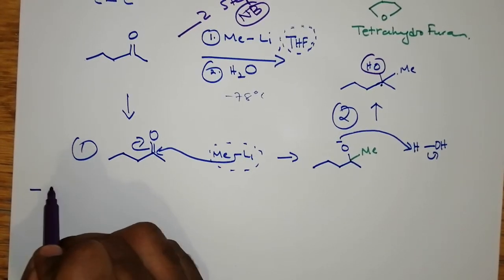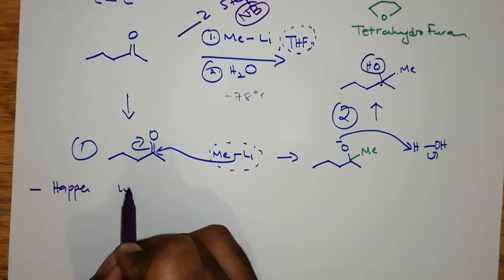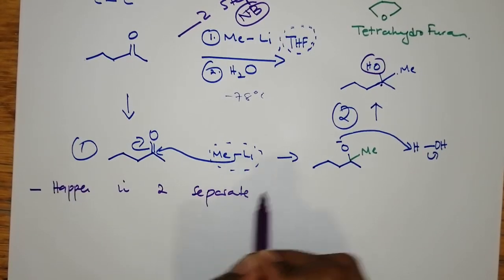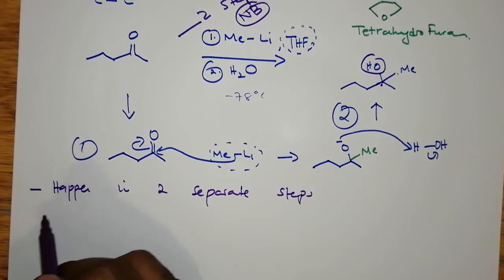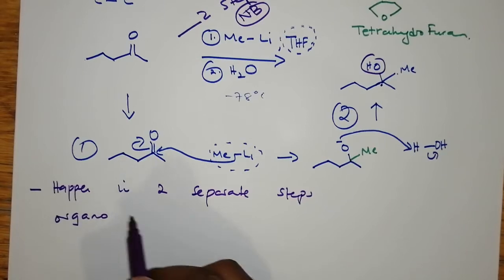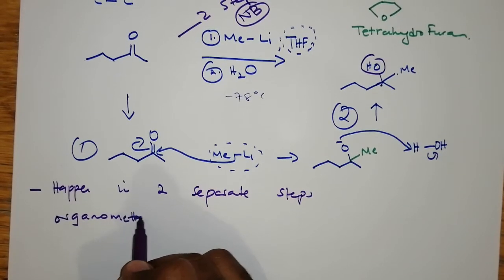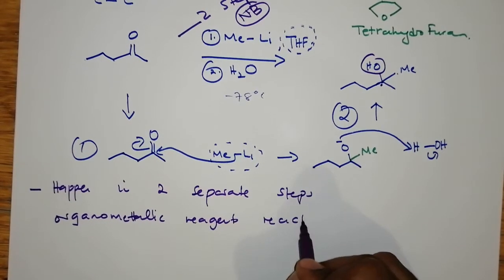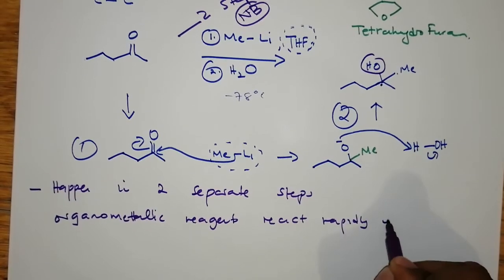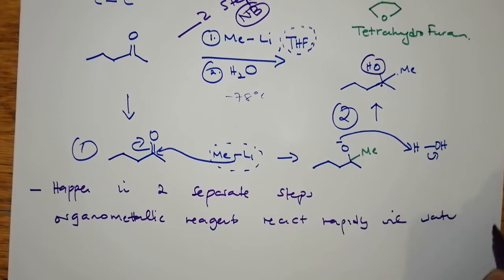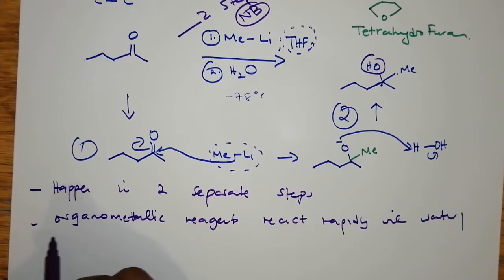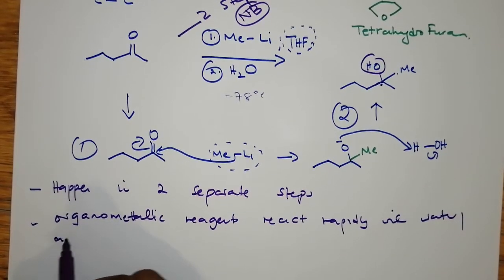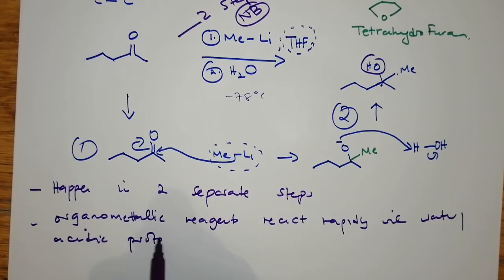These reactions happen in 2 separate steps because organometallic reagents react rapidly with water or anything that has an acidic proton, right?